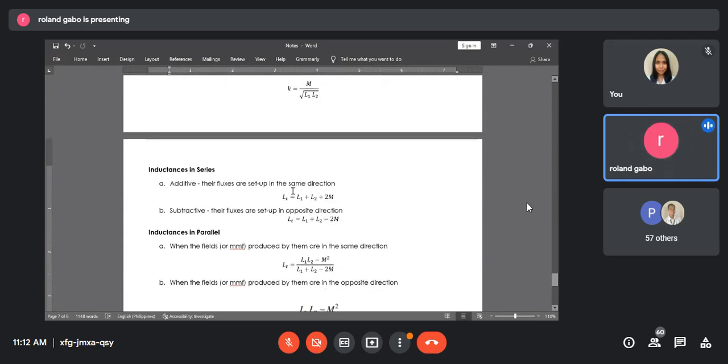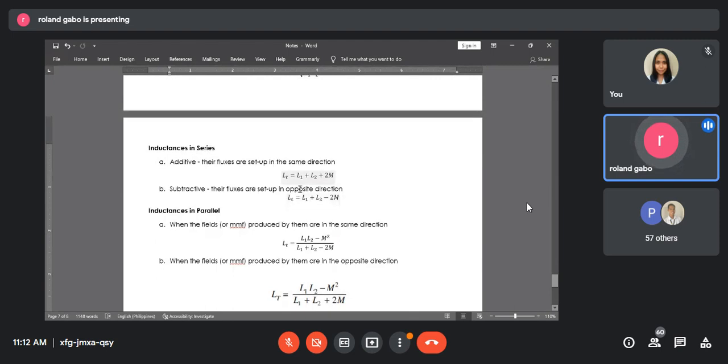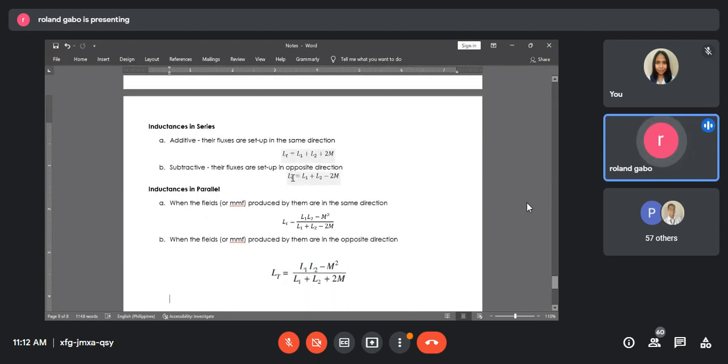Okay. Then in case of naka-parallel, so inductance is in parallel, when the fields or MMF produced by them are in the same direction, then your formula will be this one. L1 times L2 minus M squared over... So I think ang numerator the same, but ang denominator mo ay nausob-usob.